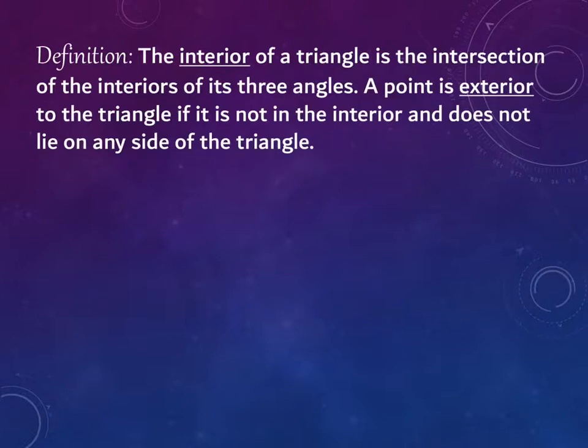This almost feels like our real number line. There's positive, there's negative, and there's zero, and zero is not in any category, right? There's interior, there's exterior, and there's on the triangle itself. A lot of times you talk about things either being or not being, right? This one has a middle ground, or at least a third option, which is being on the side of the triangle.